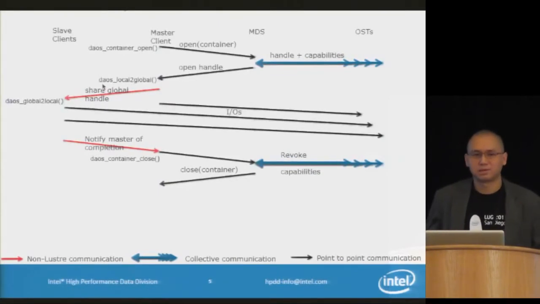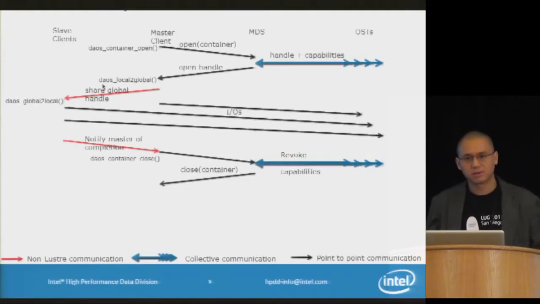What's inside this global handle is really the layout information of this container and capabilities to enforce security. The process that did the open will send this global handle to peer processes via any communication library, for example, MPI. After other processes get this global handle, they can call another function, DAOS global to local. It will convert the global information into a local handle. Then they can start to use this local handle for I/O operations.